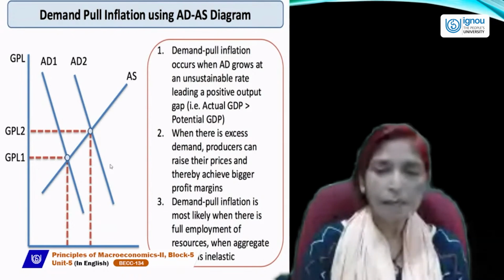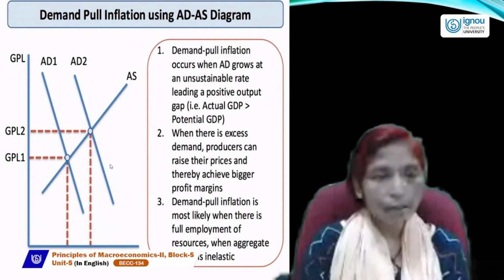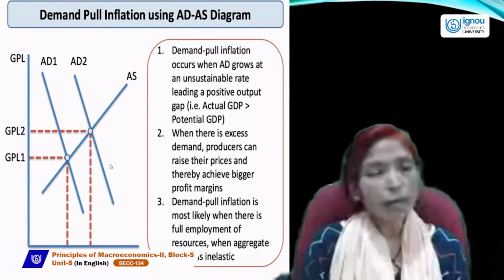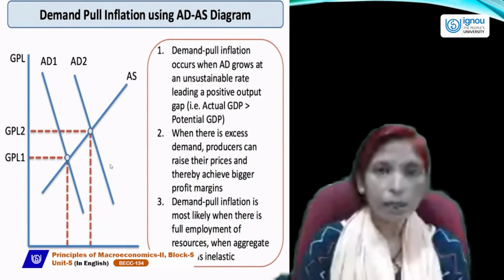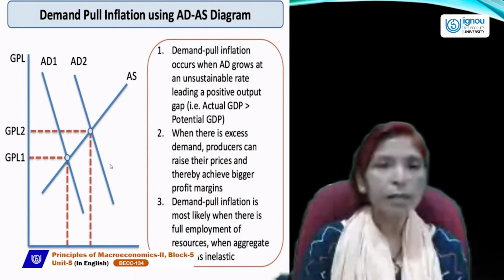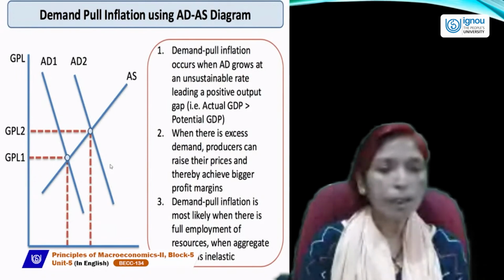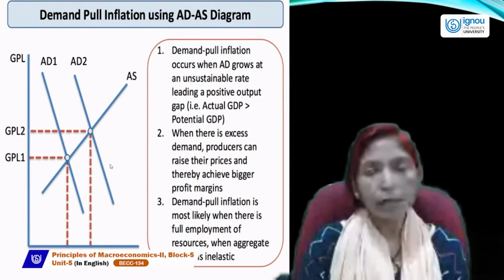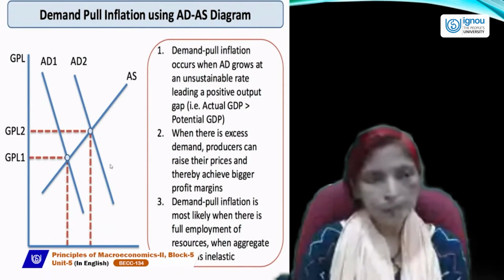If demand increases, the demand curve will shift to the right. The equilibrium point will also shift from E1 to E2, and at this new equilibrium point the general price level will increase from GPL1 to GPL2, and the level of income will also shift from OY1 to OY2.